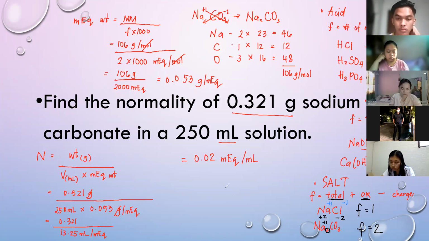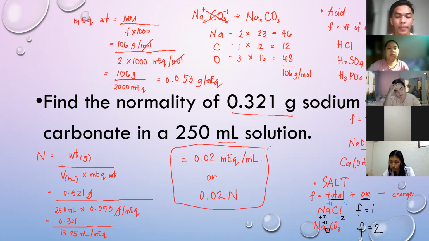Sa mathematics, ang rule natin, kapag pag-divide natin nasa baba yung unit, tapos ml per MEQ siya, for example, you have to get the reciprocal. Meaning, kailangan mo siyang baliktarin. MEQ per ml na yan siya. Or you can just simply write 0.002 and then capital letter N.